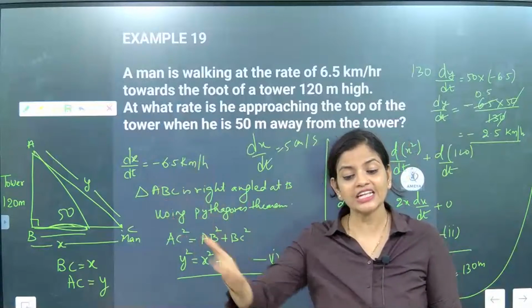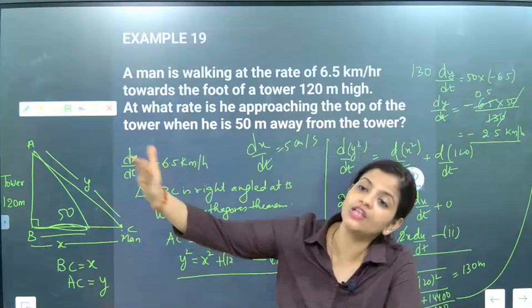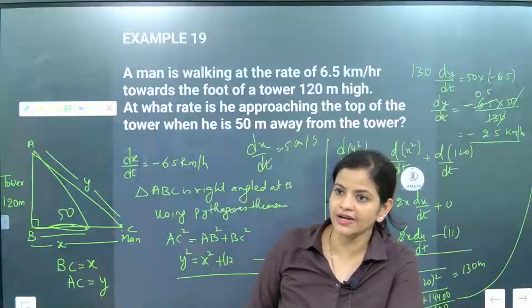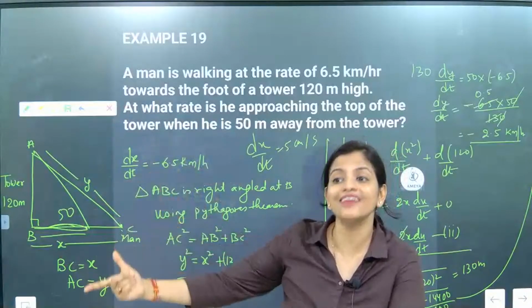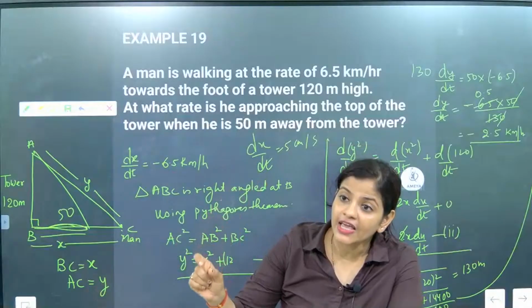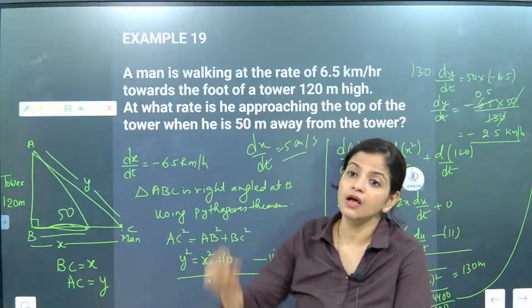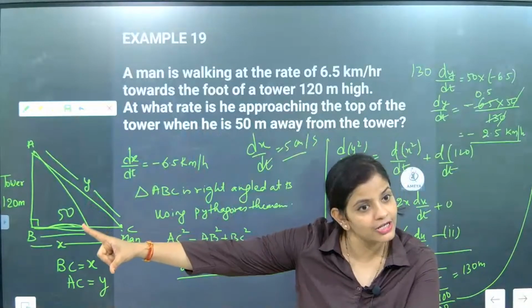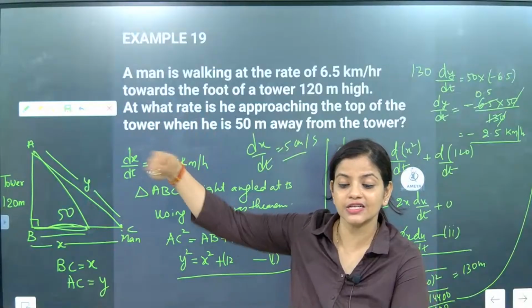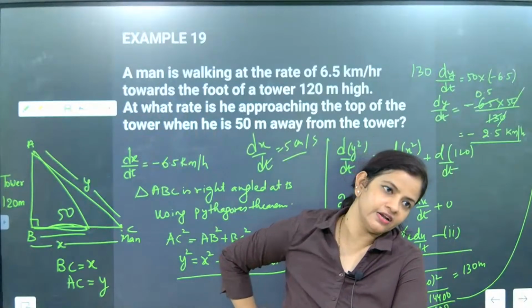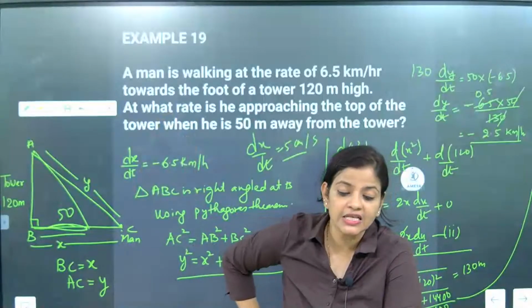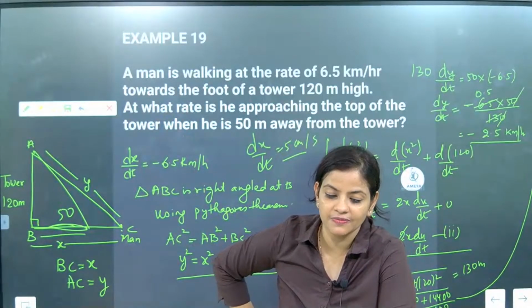The rate means the x value is increasing. Understood? Plus written means it is increasing, but with what rate? 5 centimeter per second. So for the entire section it will increase by 5 centimeter per second.